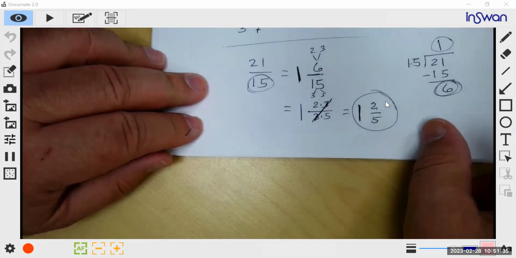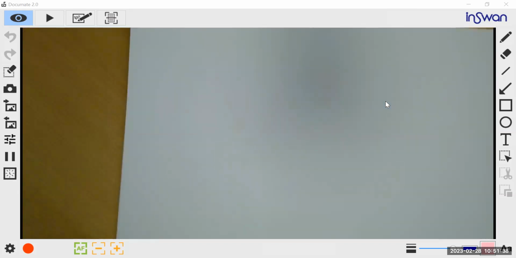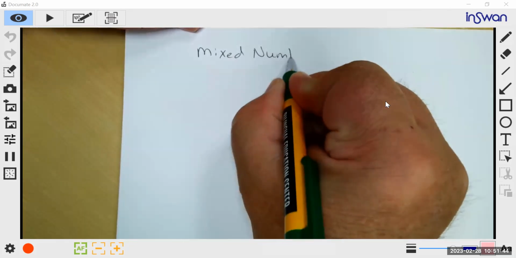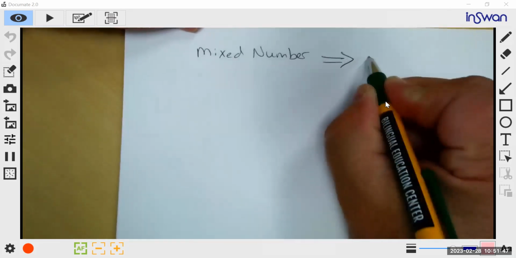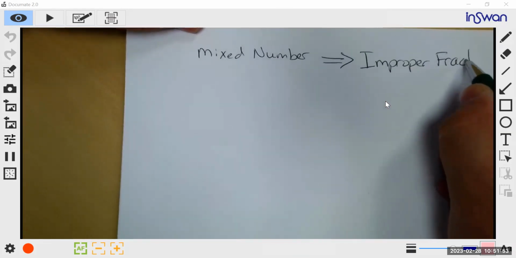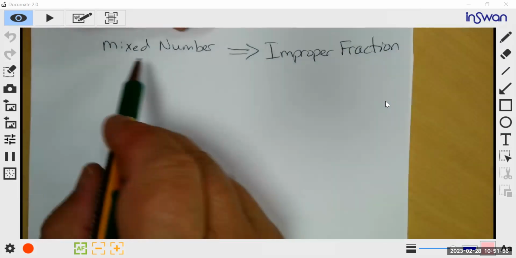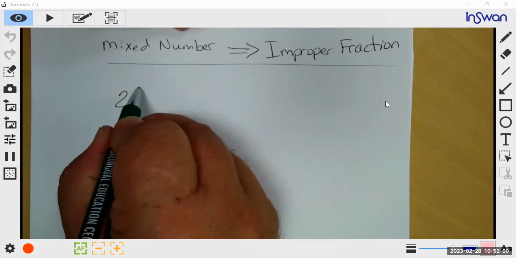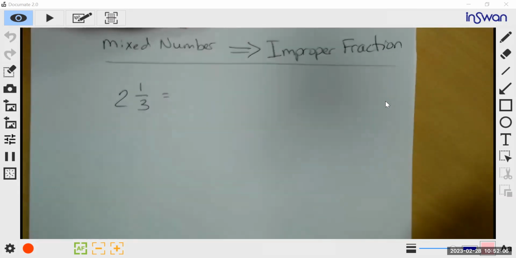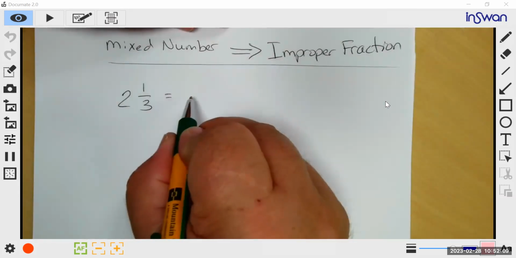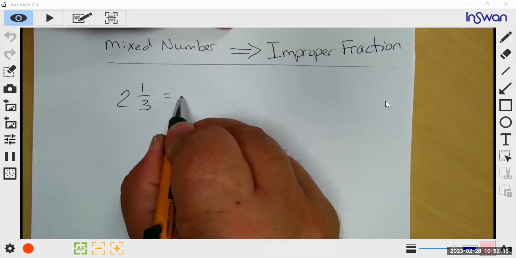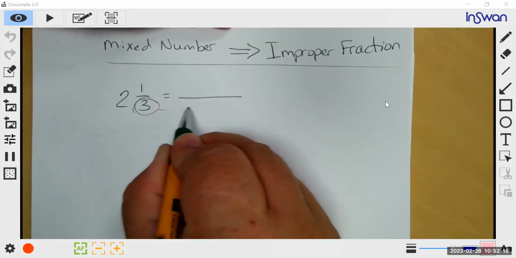What if I give you a mixed number? How would you convert it to an improper fraction? Mixed number to improper fraction. The one thing we know is this number has to stay on the bottom.